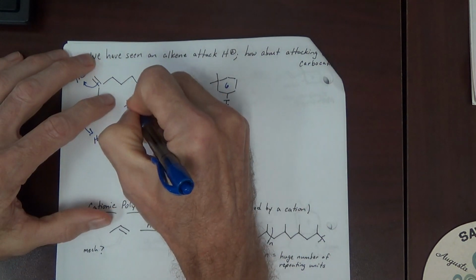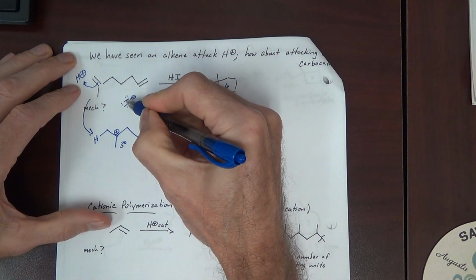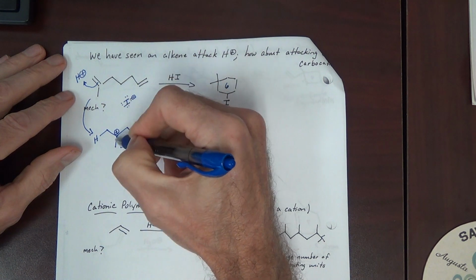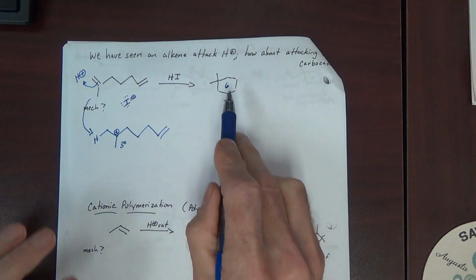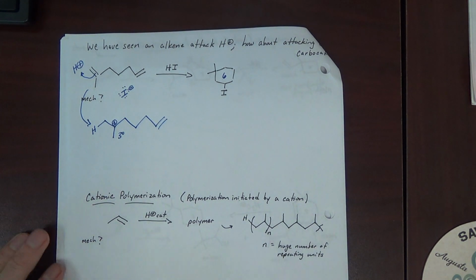Now we've got I- here. That could act as a nucleophile and add here and give us a carbon-iodine bond. But that's not this product. So something else needs to happen.